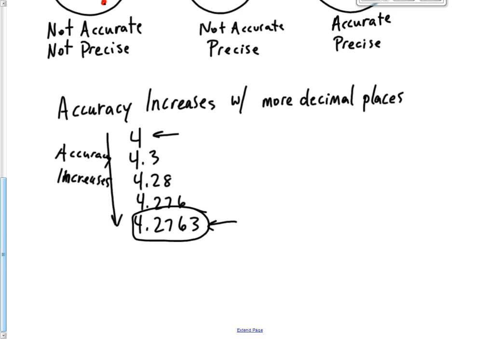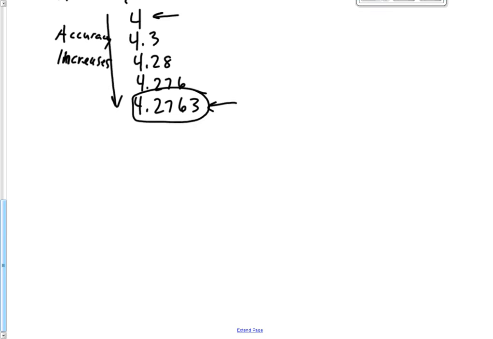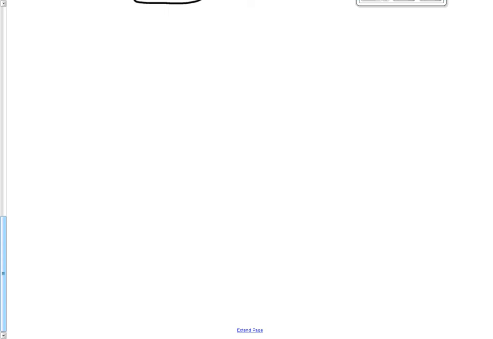Okay, so what about accuracy in liquid measurements? How do you read something like a graduated cylinder? So we have accuracy of liquids.